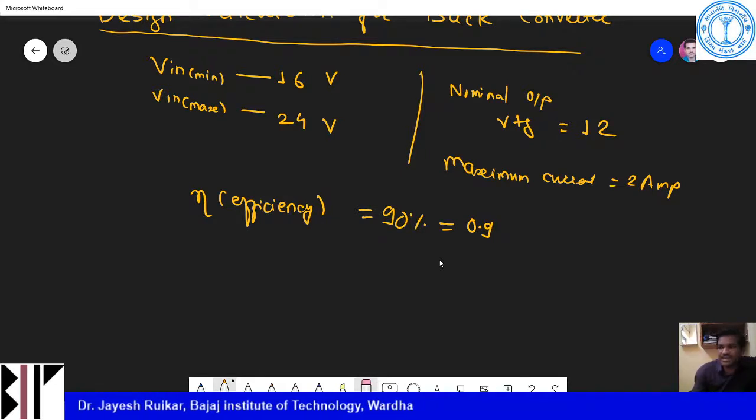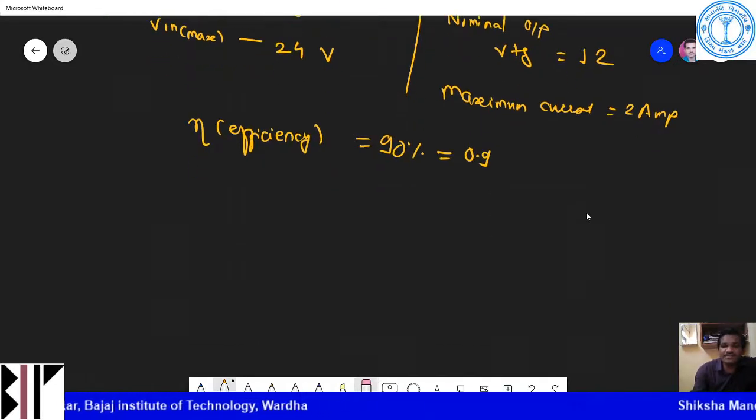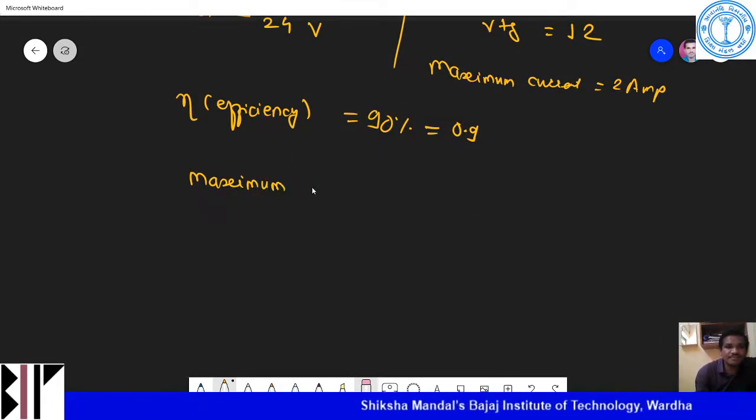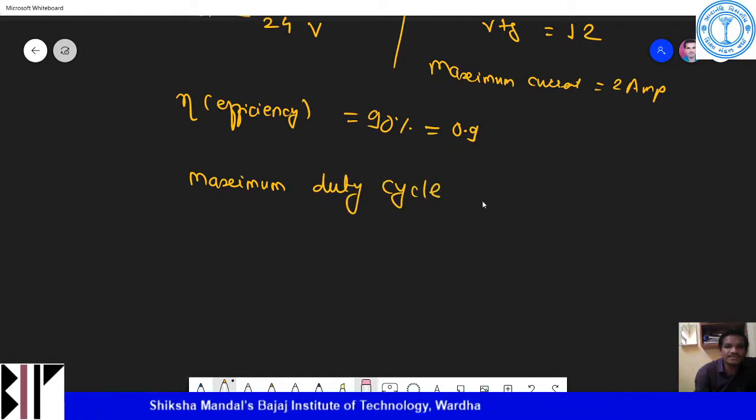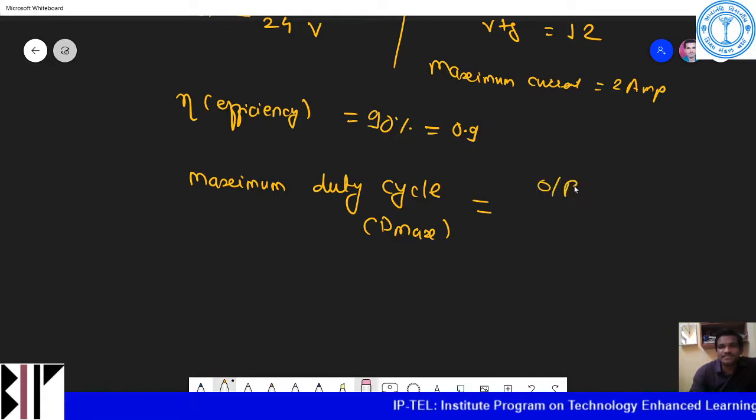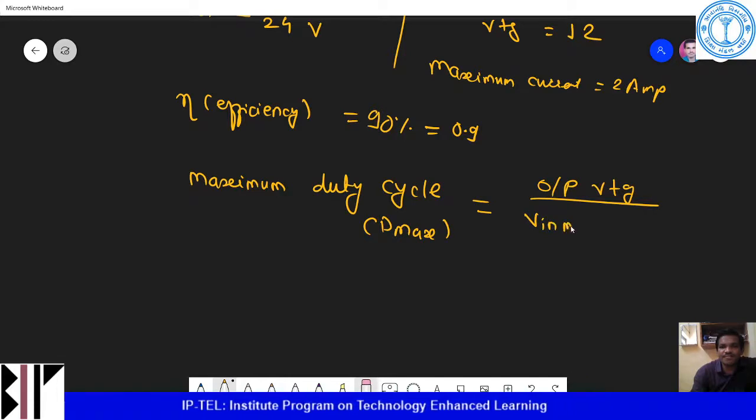Now we need to calculate the duty cycle, the maximum duty cycle, represented as D max. How will it be calculated? It depends on the output voltage divided by V in maximum multiplied by the efficiency.